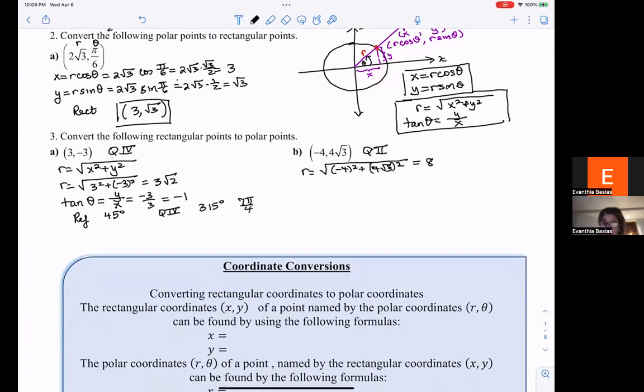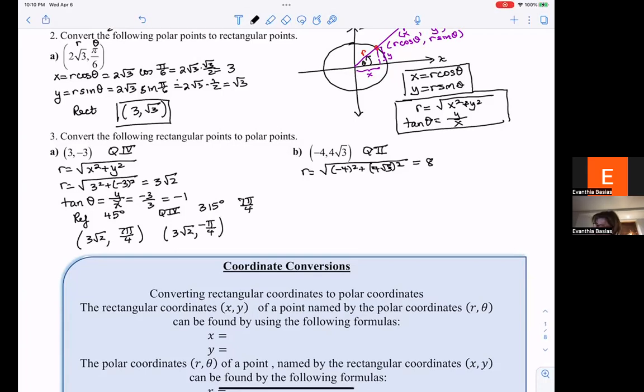So the polar point for (3, -3) would be 3 root 2 for the radius and 7 pi over 4 for theta. But we could also write that as 3 root 2 and negative pi over 4 if we go in the clockwise direction.